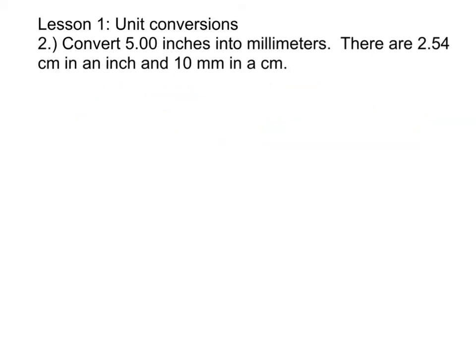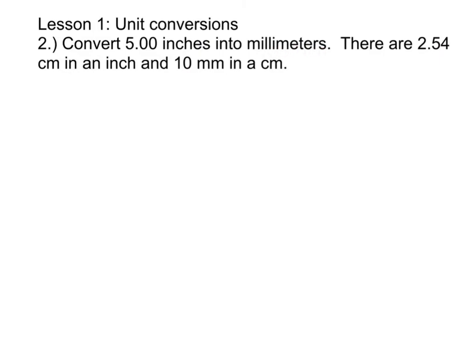Okay, so the second problem is a little bit more complicated because we have more than one conversion happening. Here it's asking us to convert 5 inches into millimeters. We know that there are 2.54 centimeters in 1 inch and 10 millimeters in a centimeter. So we're going to need to use both of these conversion factors to convert from inches to millimeters.